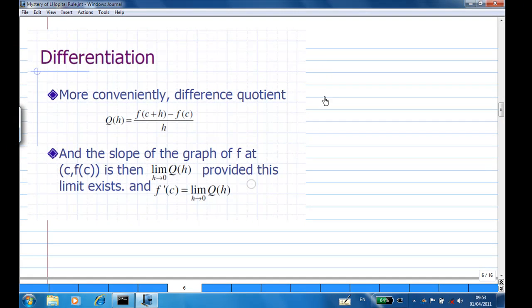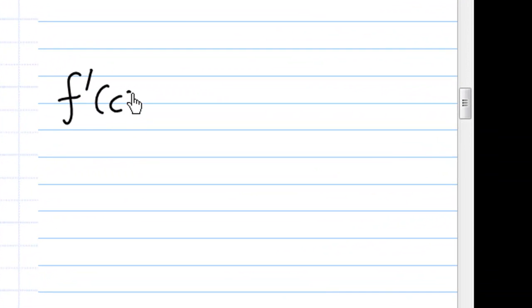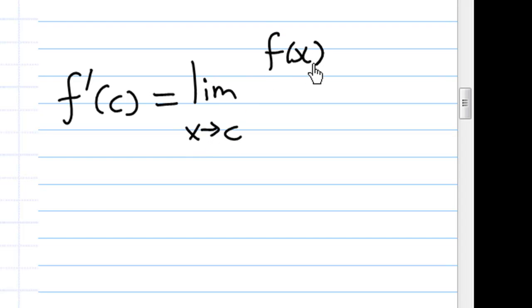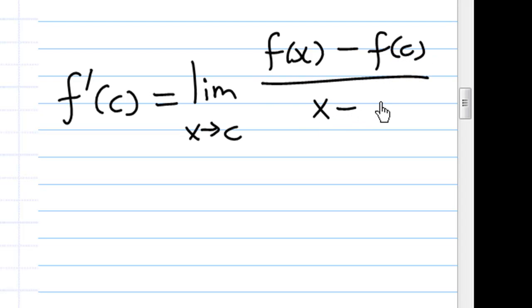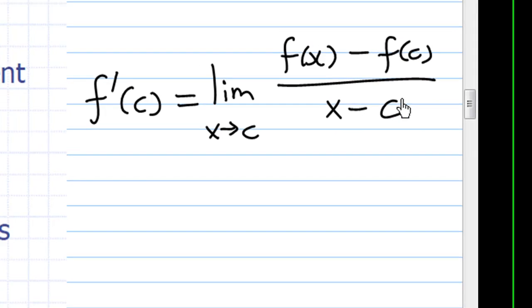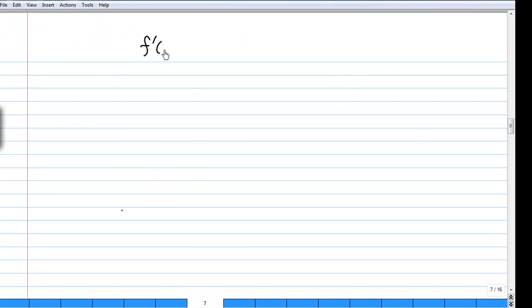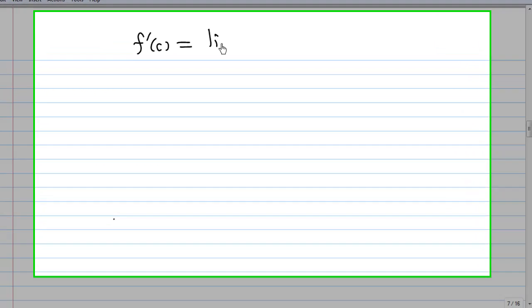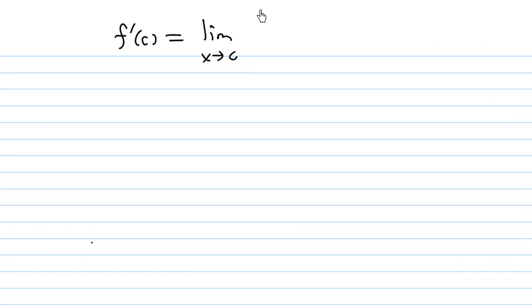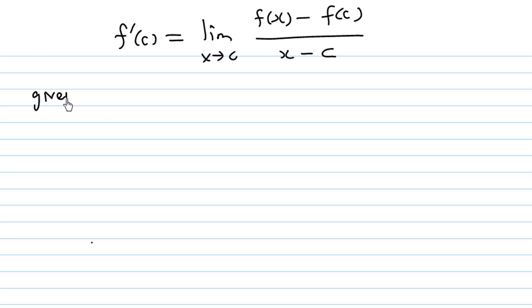One possible definition of f prime of c, if a function is differentiable, is the limit of x approaching c of (f of x minus f of c) over (x minus c).